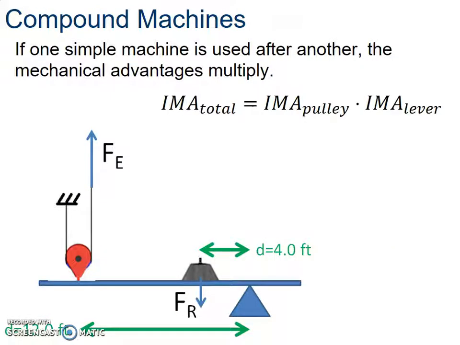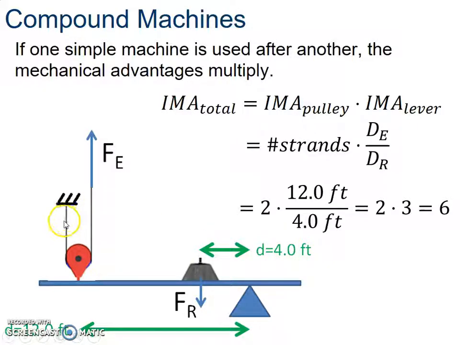Now we can also do this with compound machines. If you notice, here we have a pulley and a lever arm. So what we need to do is calculate the total ideal mechanical advantage by multiplying the pulley and the lever. So first, calculate the pulley's mechanical advantage, followed by the lever's mechanical advantage.